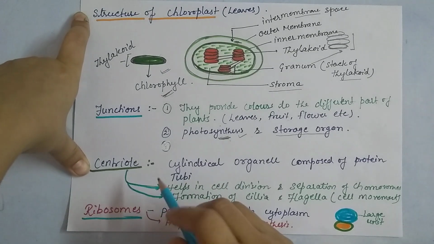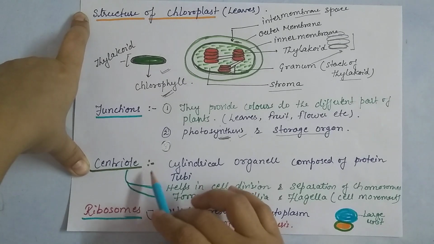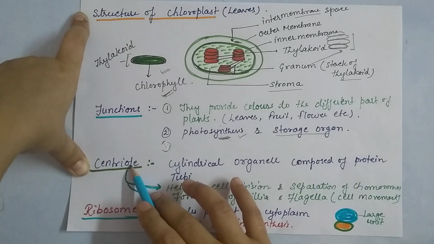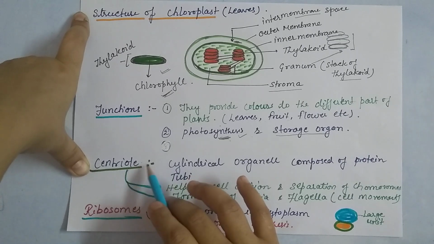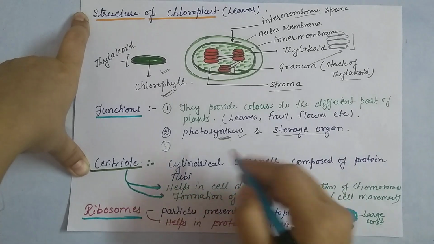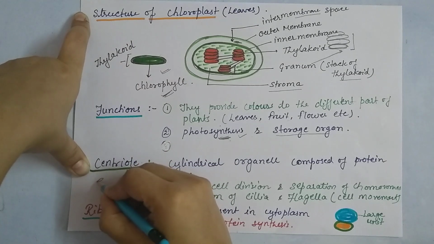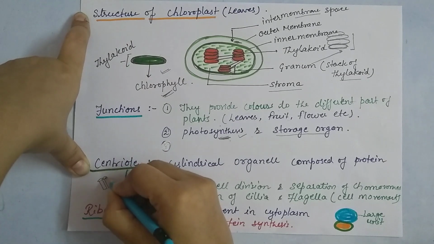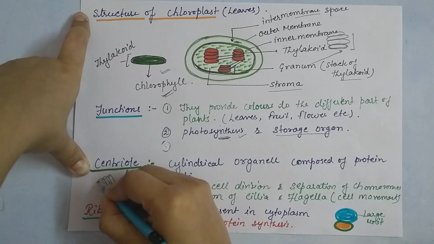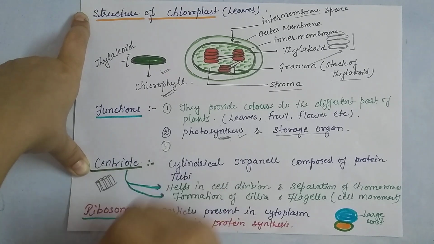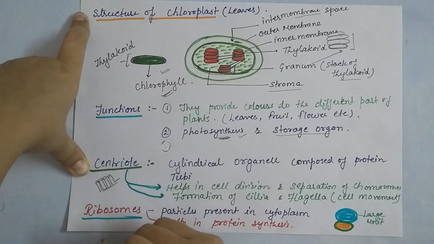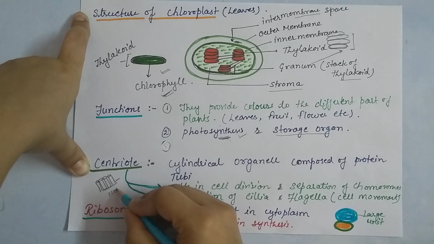Now some of the important cell organelles. First is the centriole. Centriole is basically a cylindrical organelle. You will find centriole as a tube-like structure, and it is present near the nucleus.